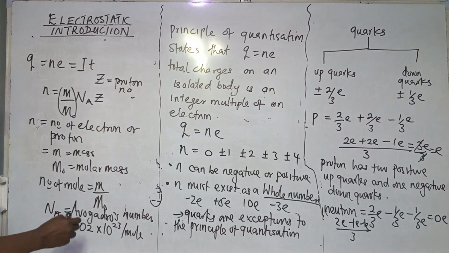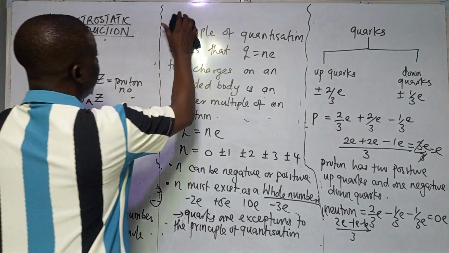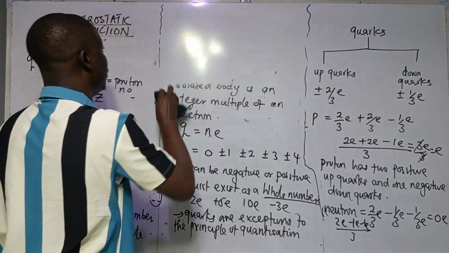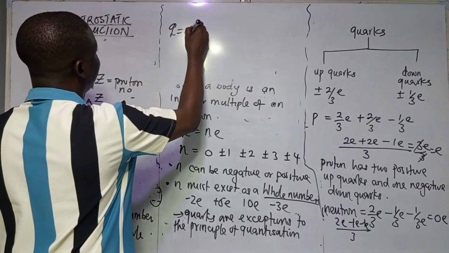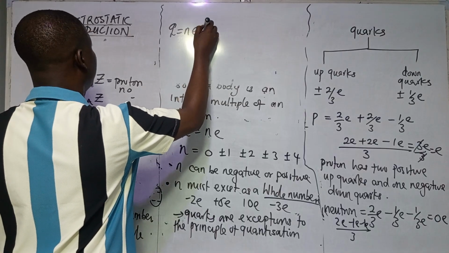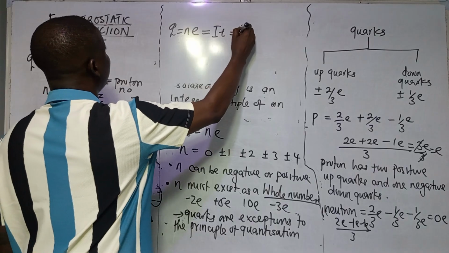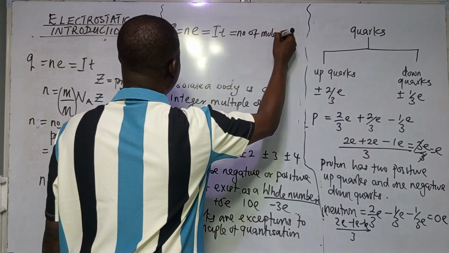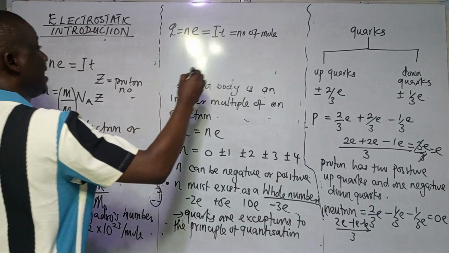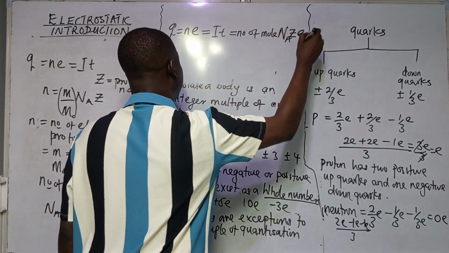So in that case, what am I saying? I'm giving you a formula that will help you to solve problems on Q. Q can be equal to the number of electron times e or number of proton times e, or equal to current times time, or equal to number of mole times Avogadro's number times atomic number times e.